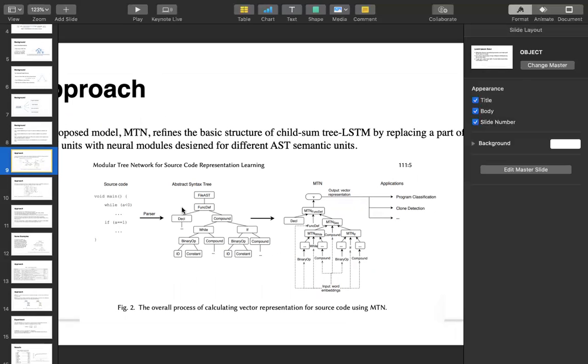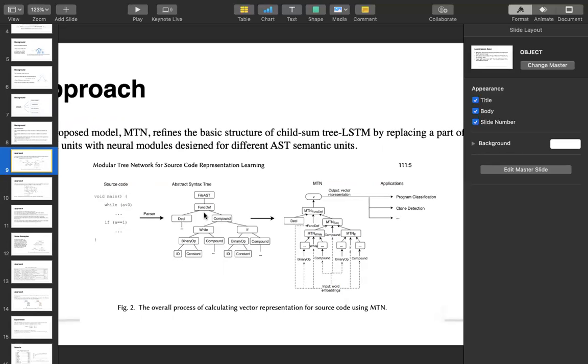And their designed MTN will parse different units of this AST tree using different neural modules.